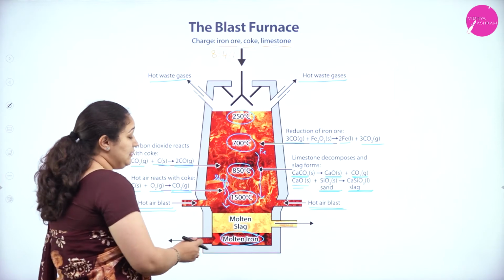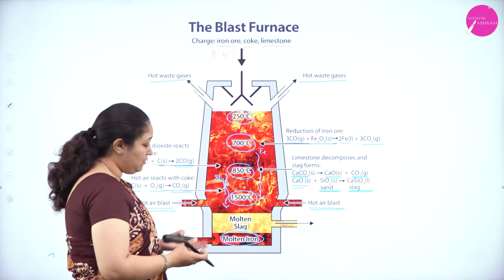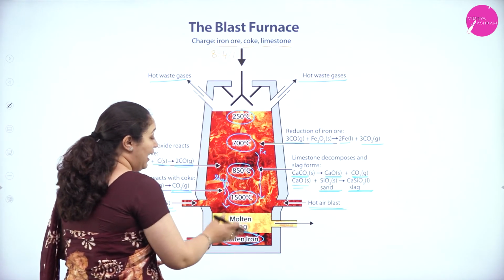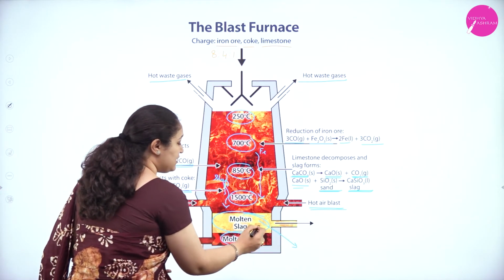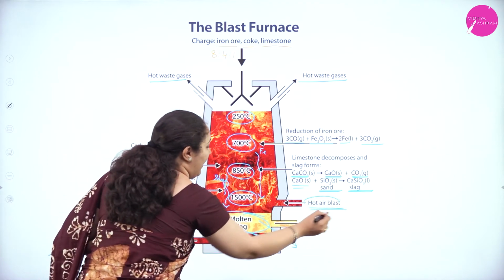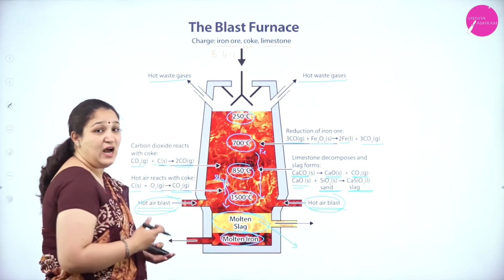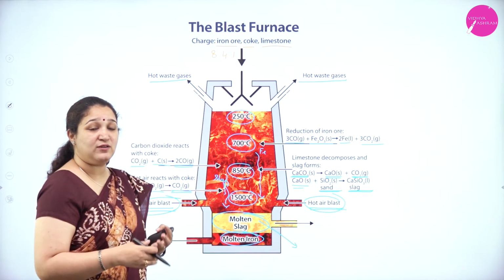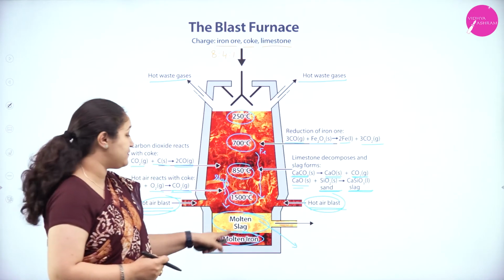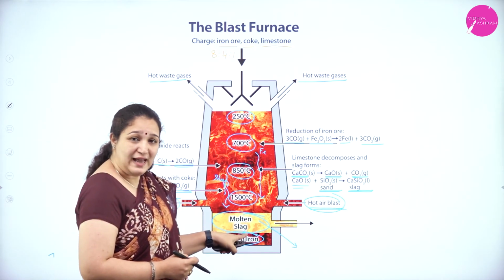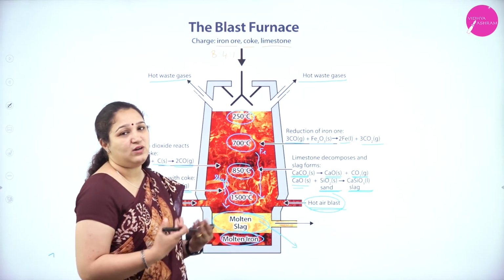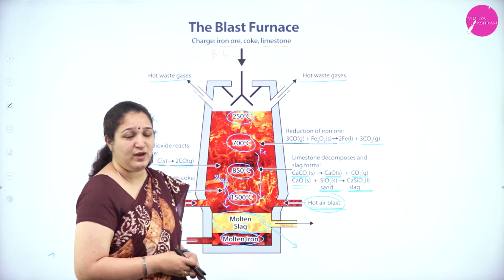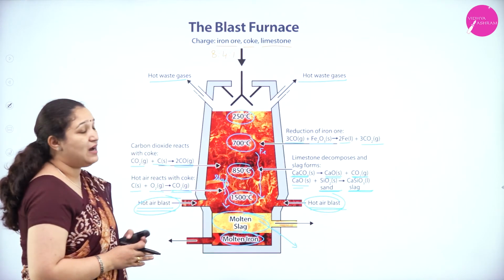And also the slag is lighter than iron, so it floats over iron, and because this slag is there, it is protecting the iron from air, that is the oxygen we passed. Otherwise iron can actually react with oxygen again to form iron oxide if slag wouldn't have been there. So the slag which is formed is protecting the iron below it from coming in contact with oxygen. Okay, so that's about the blast furnace.